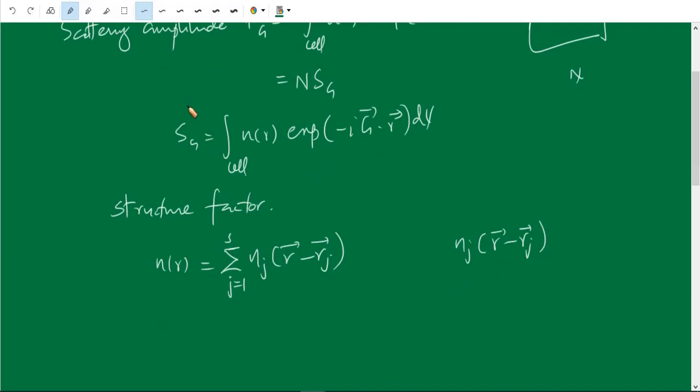So therefore we can substitute this value in the above equation of the structure factor Sg, and Sg is equal to integral summation j is equal to 1 to s.